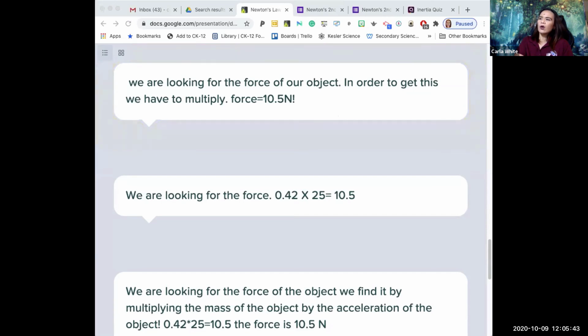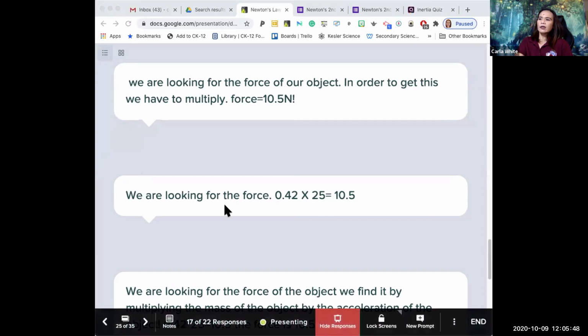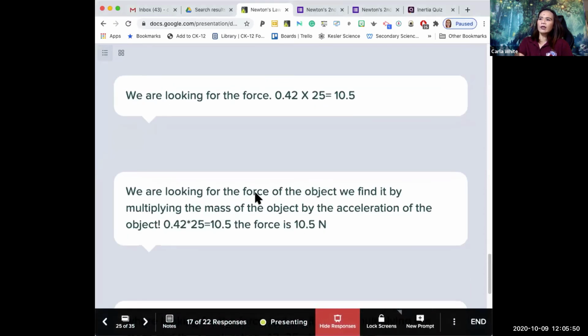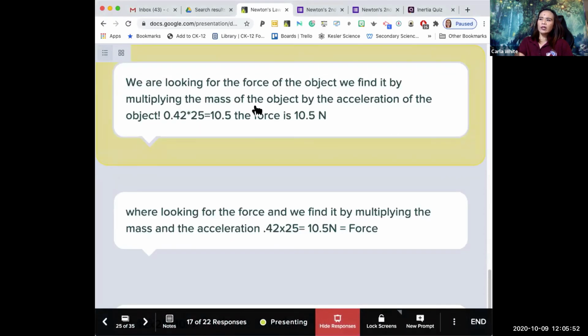Force. In order to get this, we multiply. And what are we multiplying? We're multiplying the mass of the object by the acceleration of the object. Peyton answered this. That is correct. 10.5 Newton.